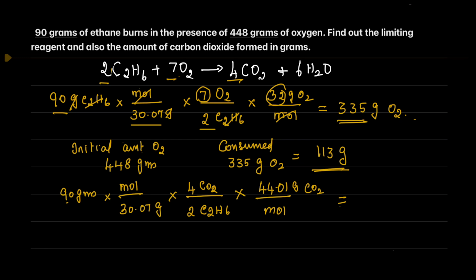This will give the answer. Before that, let us first cancel the common terms. This is ethane. Now we are left with 90 into 4 divided by 30.07, again divided by 2.